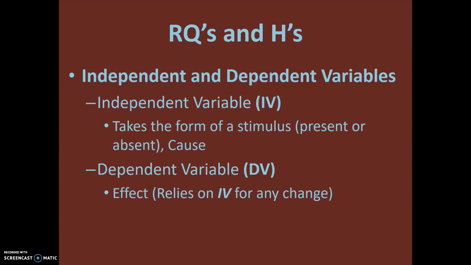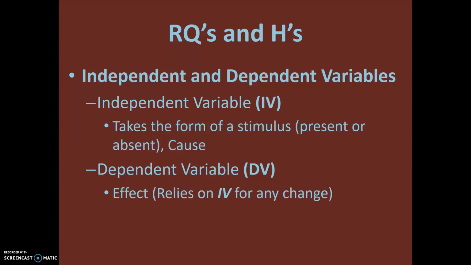The variables that we use, whether we're using a hypothesis or a research question, come in two forms: independent variables and dependent variables. The independent variable, also known as the IV, often used as its acronym, takes the form of a stimulus, or the cause variable, or the predictor variable.